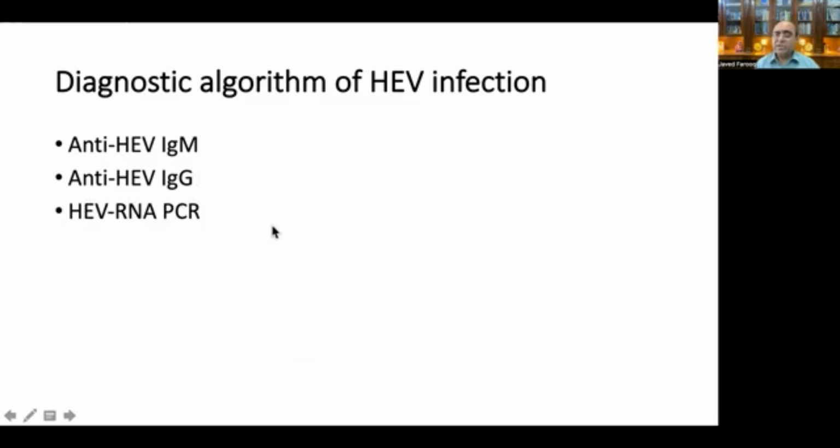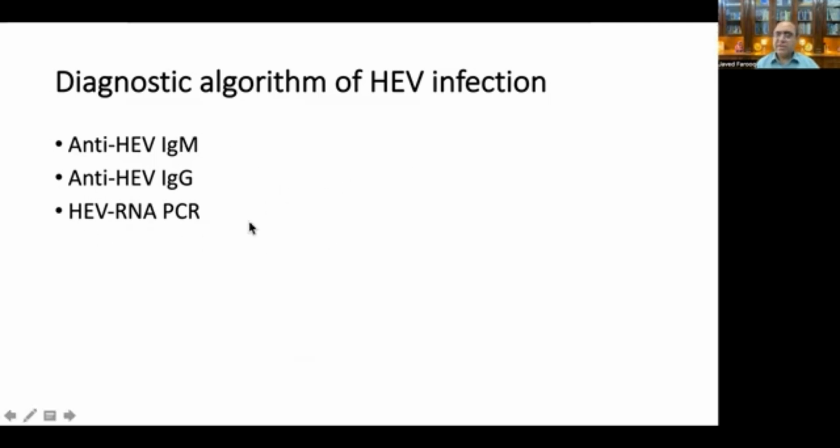Another diagnostic tool is of course the hepatitis E virus RNA PCR, and this is the sure shot or confirmatory test, especially in immunocompromised patients where you may not get the antibodies positive, or if they are positive, they're positive only for a transient time. So this is a time when the PCR can tell you that this patient has acute hepatitis E. Especially if an at-risk patient presents with acute liver failure or acute and chronic liver failure, and you suspect hepatitis E, the PCR is warranted.